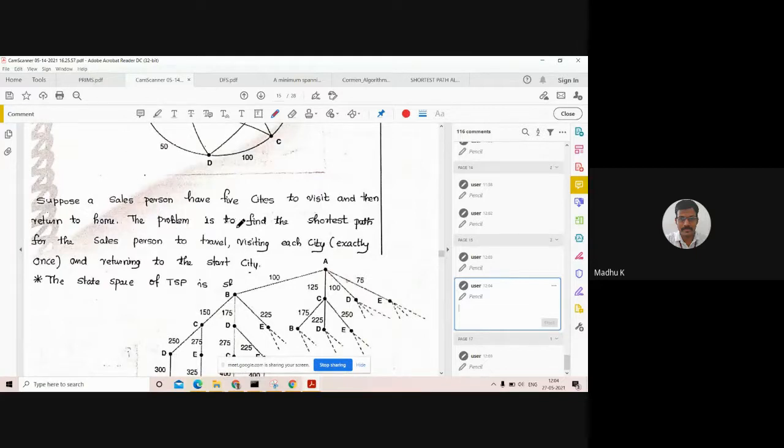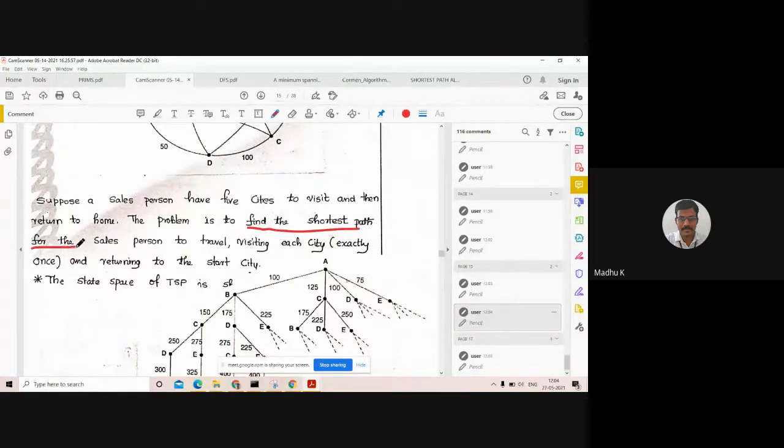The problem is to find the shortest path for the salesperson to travel, visiting each city exactly once and returning to the start city. I want to visit each city in the shortest path, then return back to my home. So this is the TSP problem.